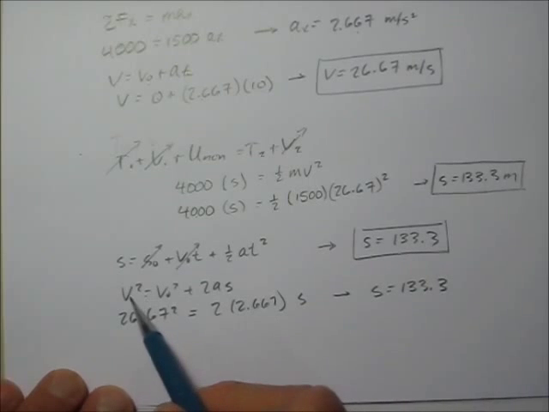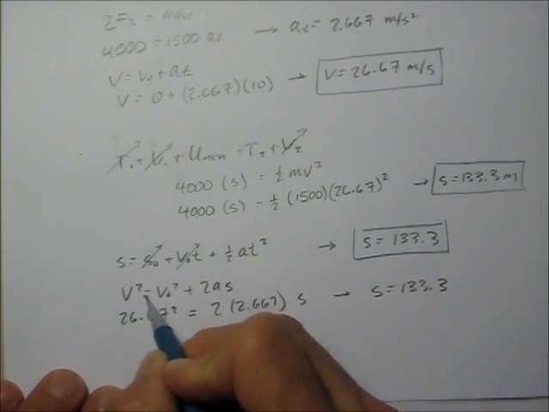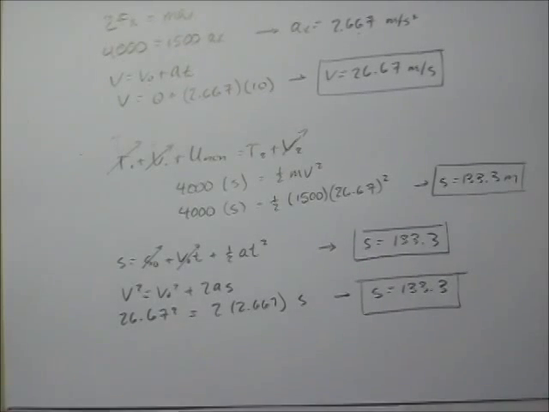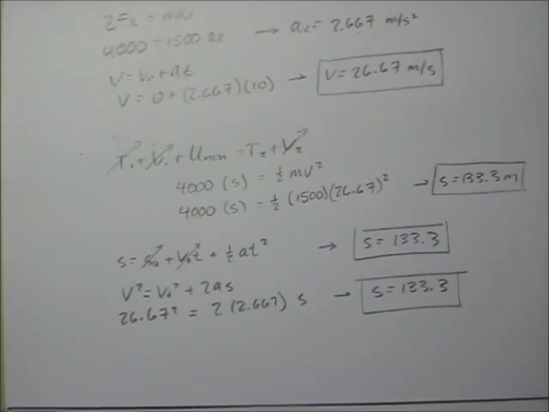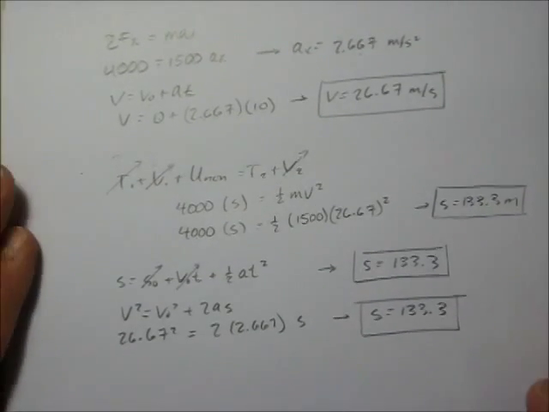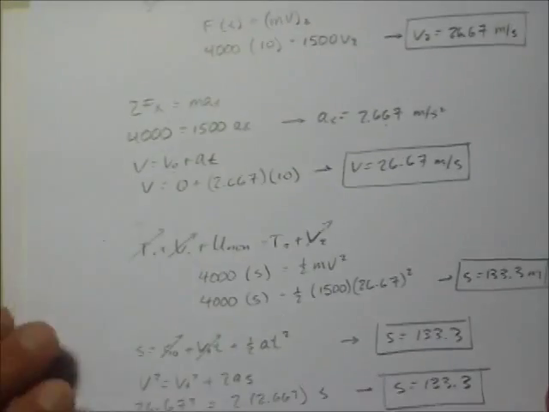Or we can use our v squared is equal to v sub 0 squared plus 2as equation, plugging those in, and we get S is equal to 133. So again, all the relationships should work properly, and you can use F equals ma to solve virtually all problems that we're going to consider.